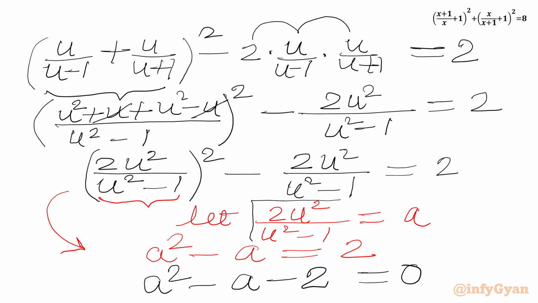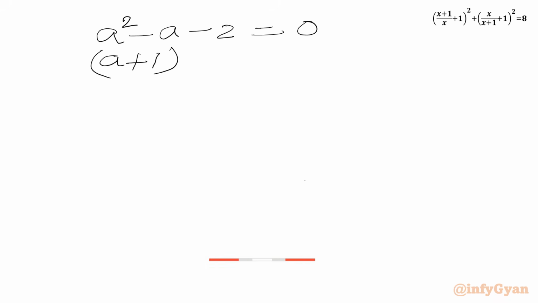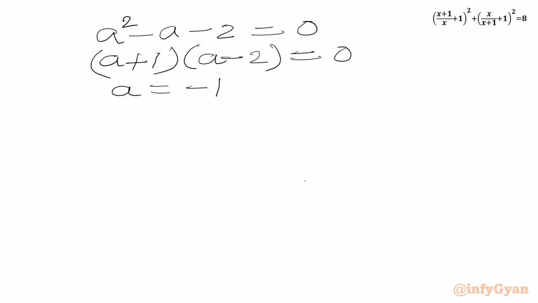Remember, a is 2u square over (u square minus 1). Let's solve this quadratic equation. We can use factorization method, and we can write here (a plus 1) times (a minus 2) equal to 0. So from here we'll be getting a equal to minus 1, a equal to 2 after using product 0 rule.